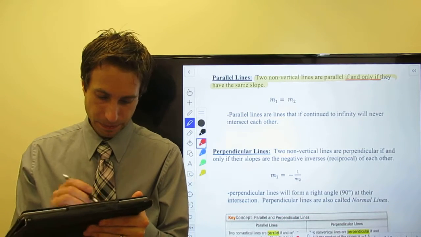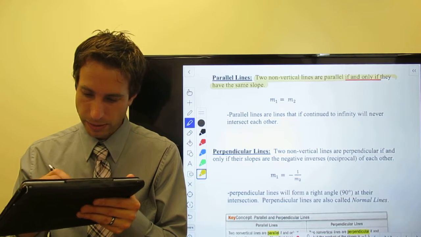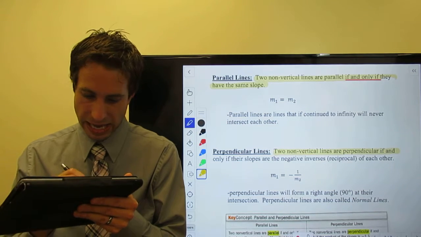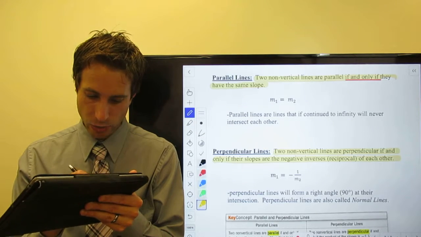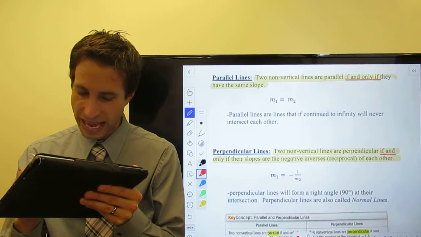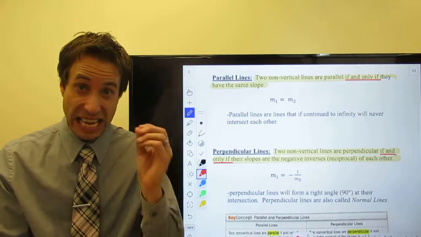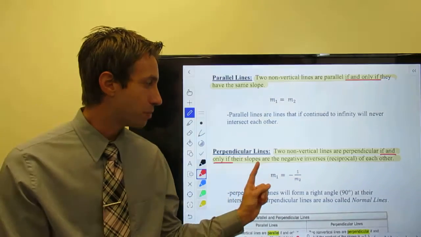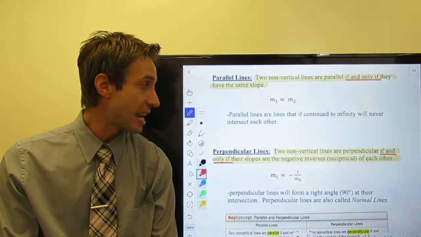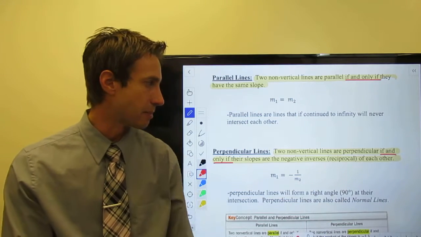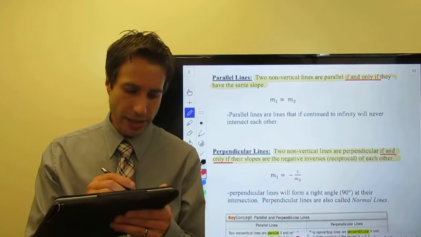Then, perpendicular lines, if and only if, let me underline it again, really important, if and only if the slopes are negative inverses of each other. They must be negative inverses. Inverse just simply means the reciprocal. Here's the way this works.